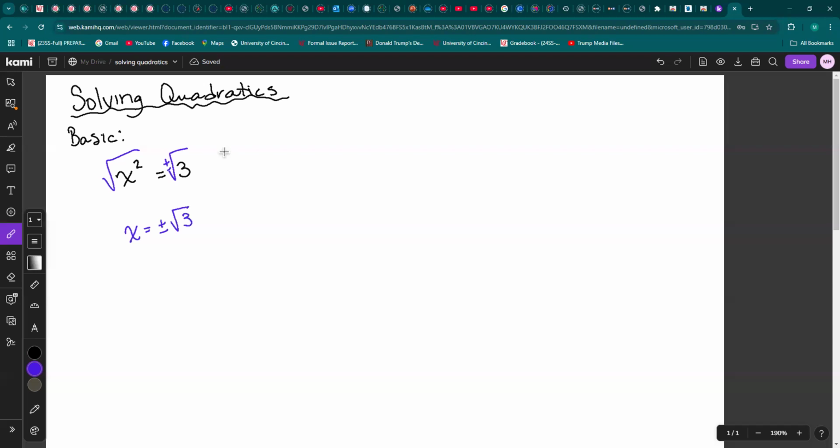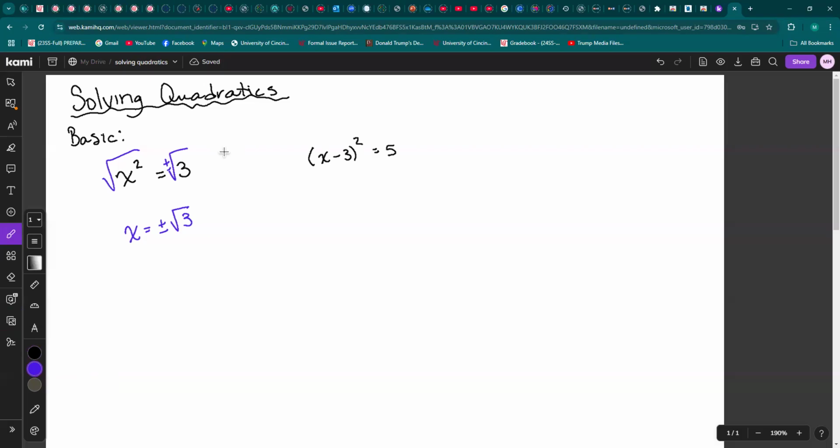Okay, I can make things a little bit more challenging by making whatever is squared a little bit bigger. So if I said x minus 3 squared equals 5, I could do the same thing that I was doing before, where I've got the squared term all by itself.